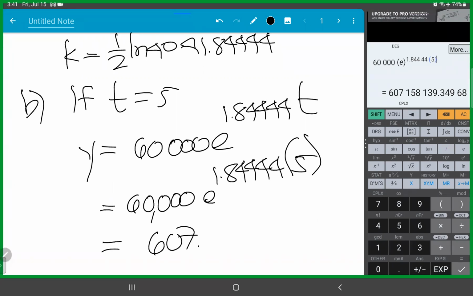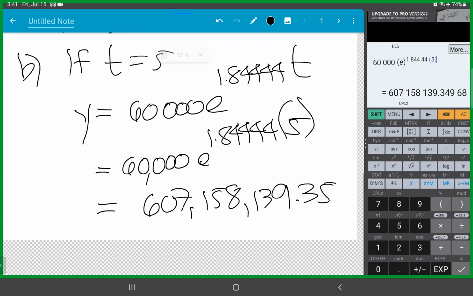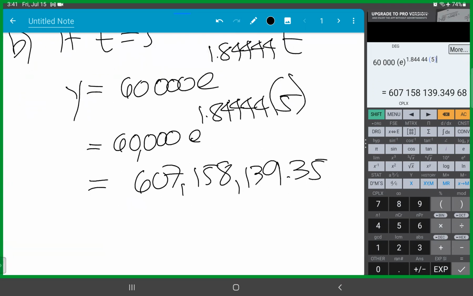Let me write the exact value correct to 2 decimal places. Now there's no 0.35 rat, so you'll have to actually round that off to 139. Kasi hindi pa naman nabubuo yung rat na yon, no? I mean, you understand what I mean, diba?